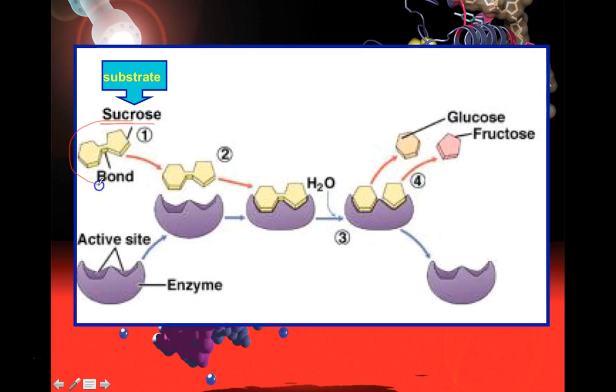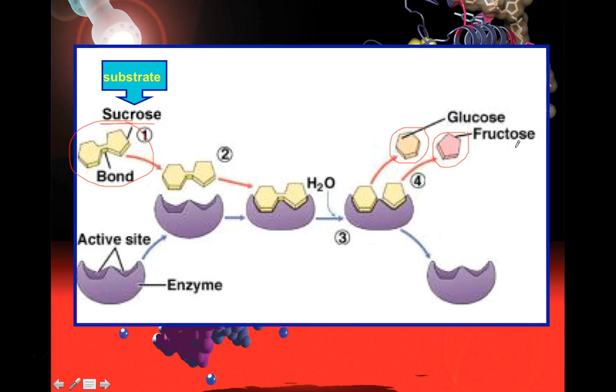Okay, so here we have a molecule of sucrose. And what's happening here is we have a hydrolysis reaction, right? Because we're taking a polymer, which is sucrose, and we are breaking up those covalent bonds and breaking them up into two separate monomers, glucose and fructose.